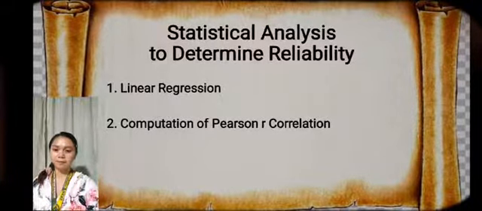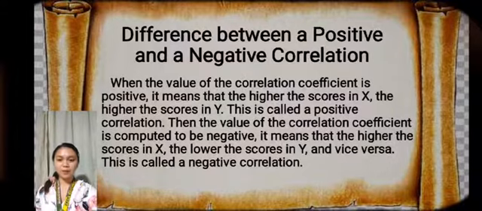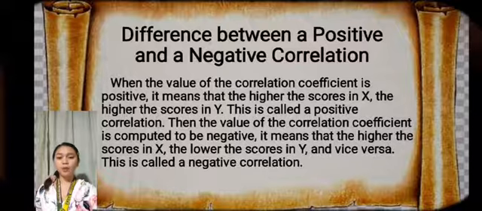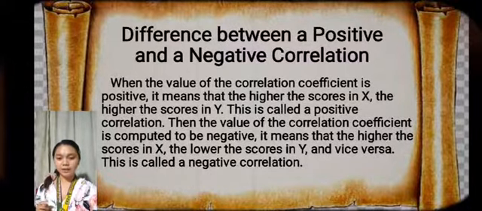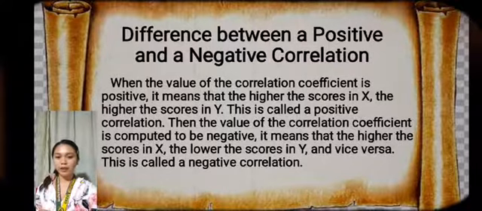And now, let me give you the difference between a positive and a negative correlation. When the value of the correlation coefficient is positive, it means that the higher the score in X, the higher the score in Y. This is called a positive correlation.